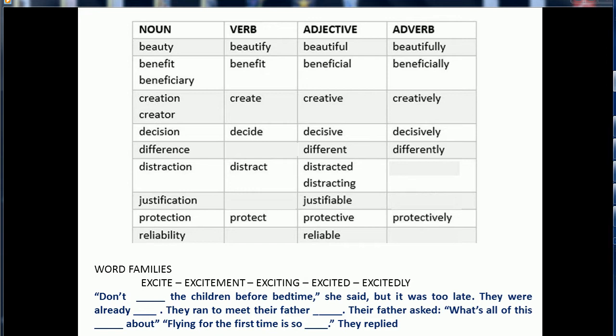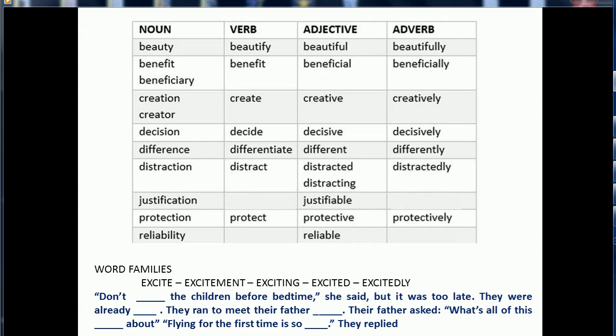Exactly. Then the next one is different. Difference as a noun, and then as a verb we say differentiate. Different as an adjective, and then as an adverb we say differently. The same happens with distraction. Distract, distracted. Distracting is an adjective, and then we have distractingly as an adverb.